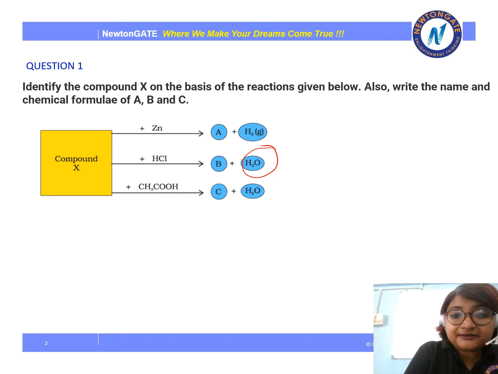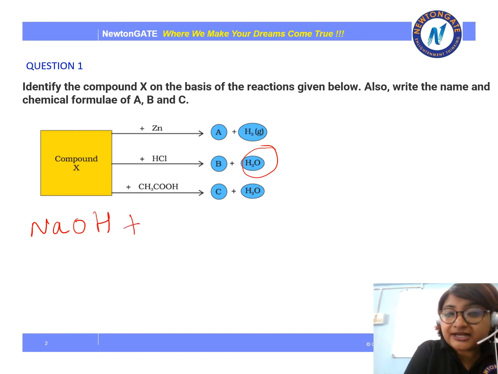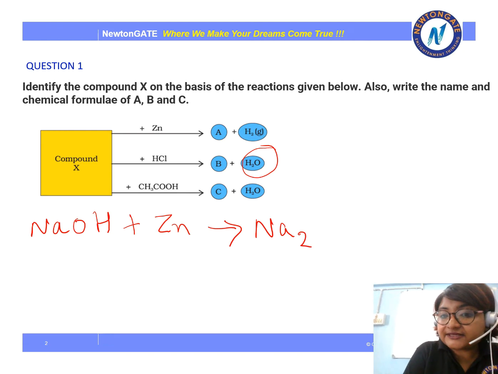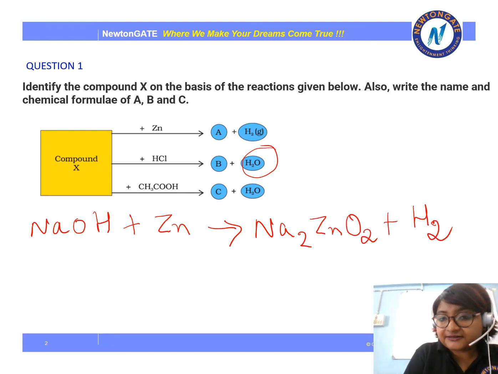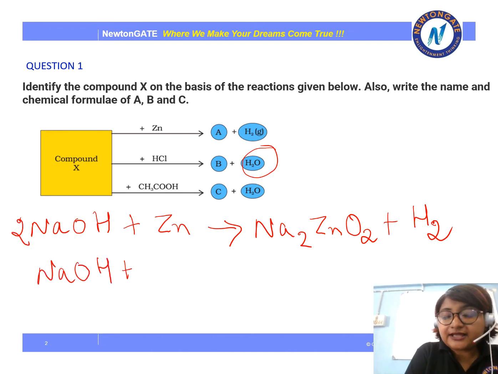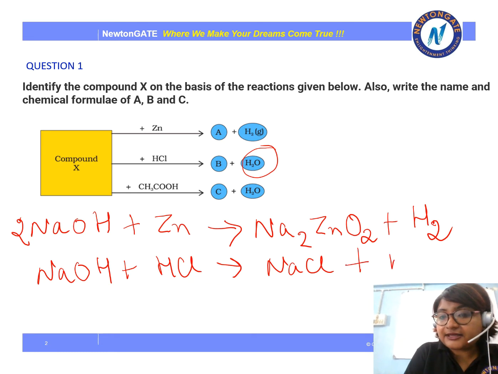Now let's say that compound X is NaOH, sodium hydroxide, then it will react with zinc to give you sodium zincate and hydrogen gas. Let me balance it. Yes, NaOH also reacts with HCl to give you NaCl and H2O.